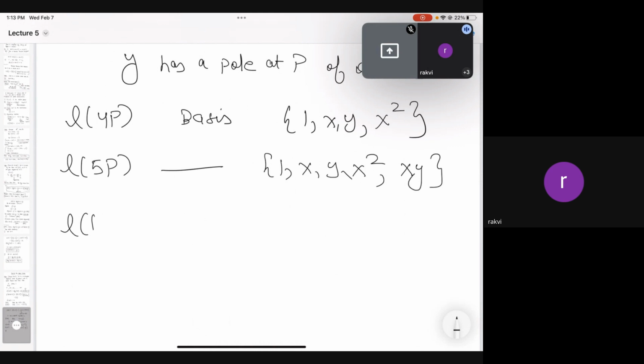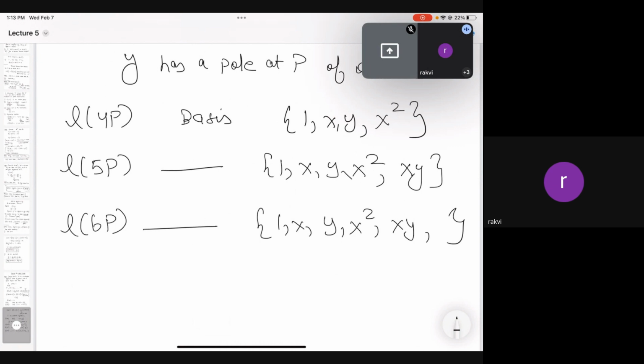Now L of 6P turns out to be interesting because I need 6 members, right? I already have 5: 1, X, Y, X square, XY. And now I need one additional member that has a pole of order 6. But there are two candidates, right?